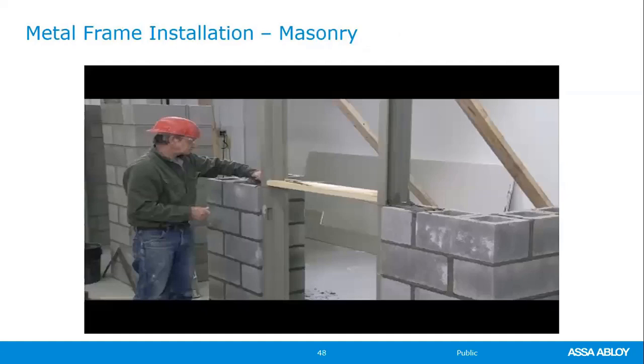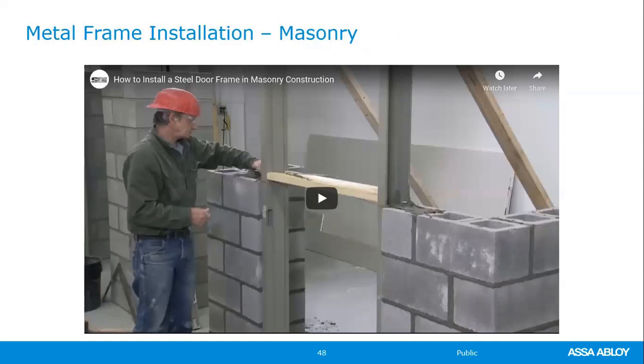I had some issues with this video, so I'm not going to show it, but it is on the SDI website. If you go to the homepage and towards the top right, there is a tab for videos. It will show you how to install a masonry frame, either in a standard block wall with wire or T-anchors, or for an existing opening with the punch and dimple process.